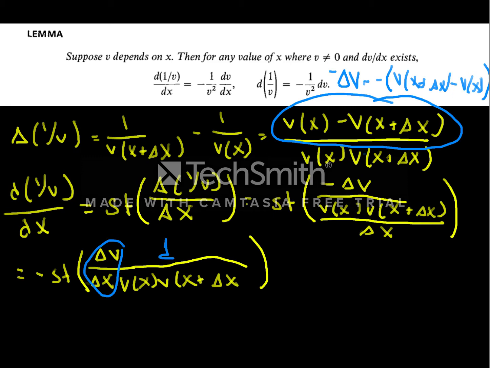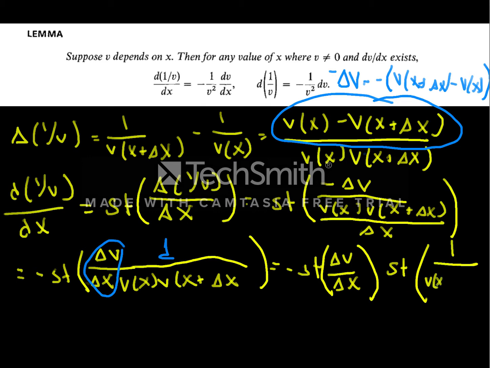So breaking that up and using my standard part to distribute across multiplication, this is simply negative standard part of change in v over change in x times the standard part of 1 over v of x times v of x plus delta x. Sorry for squishing that in there.